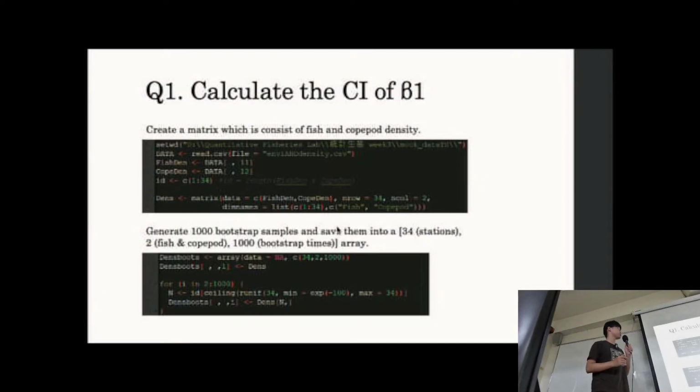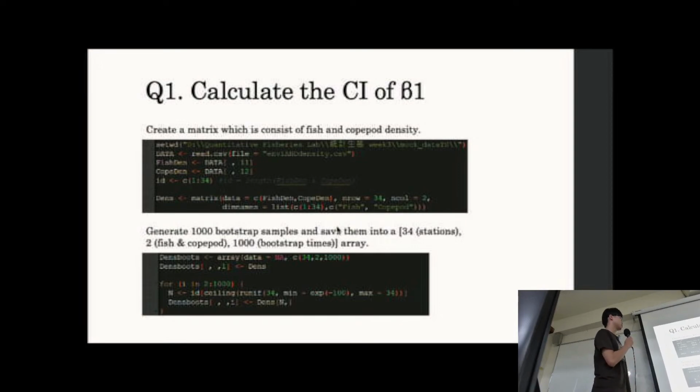For the first question, we want to calculate the confidence interval of regression coefficient beta 1 in 3 methods: percentile, BC, and BCA. First, I create a matrix which consists of fish and copper density, like the homework this week.